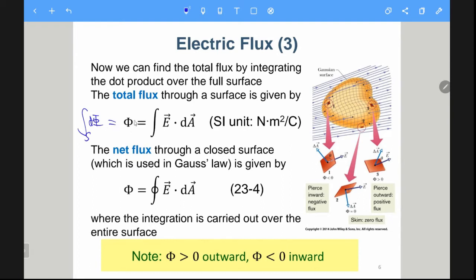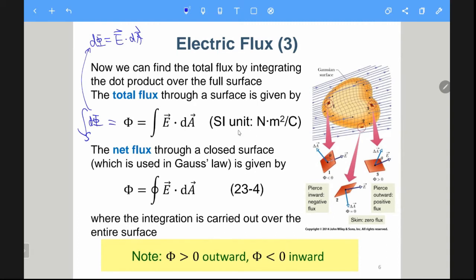So the whole flux is the integration of the small electric fluxes together. As we know, d phi is E dot dA, so phi equals this integration, which will be something like this.